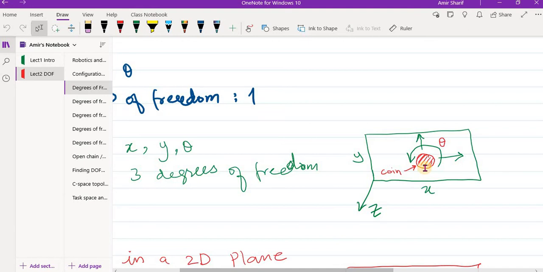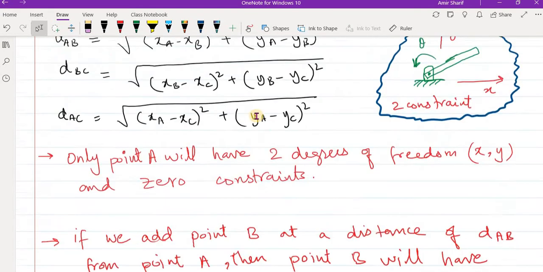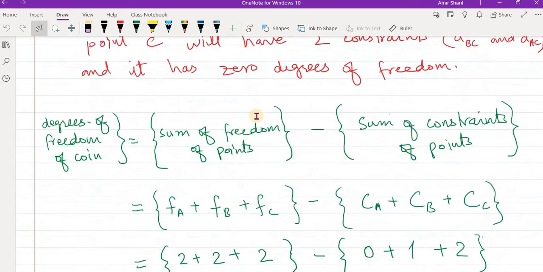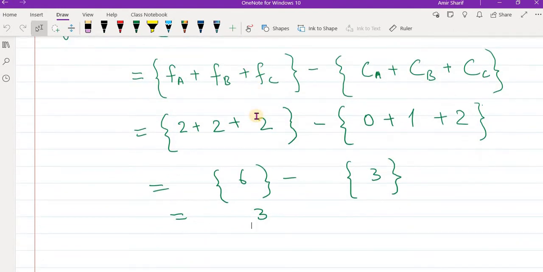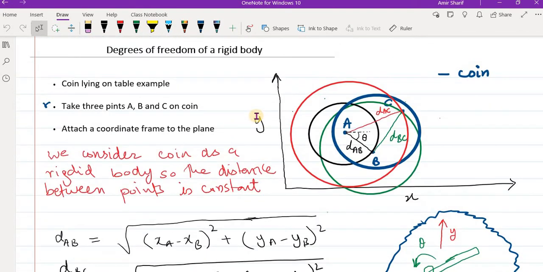Here 2 degrees of freedom are the translations along the x and y axes, and 1 rotation, so 3 degrees of freedom. This method is useful if you want to find the degrees of freedom of complex rigid bodies.